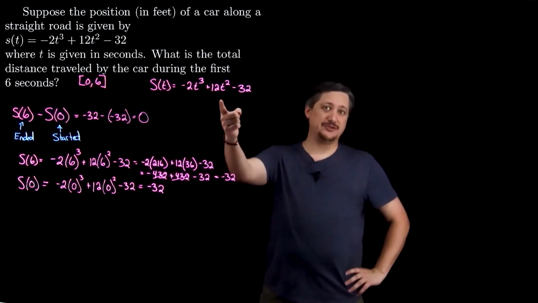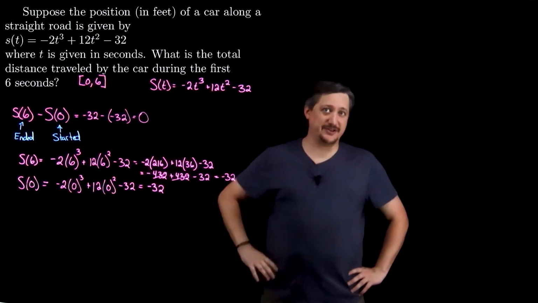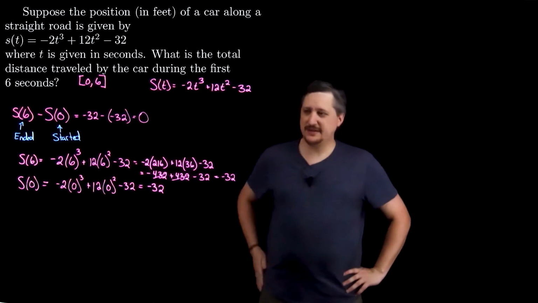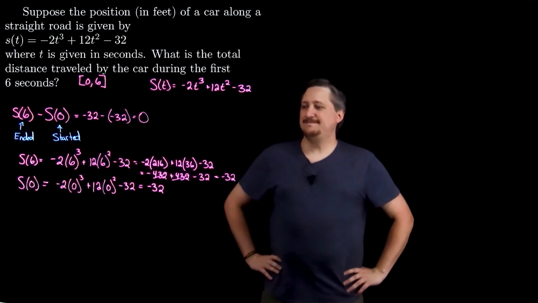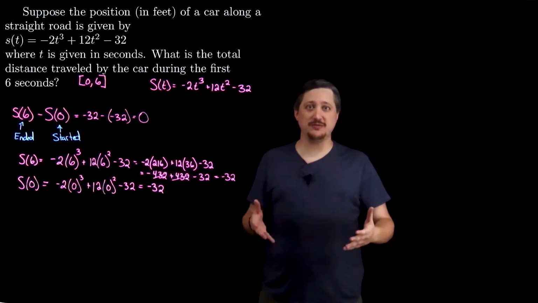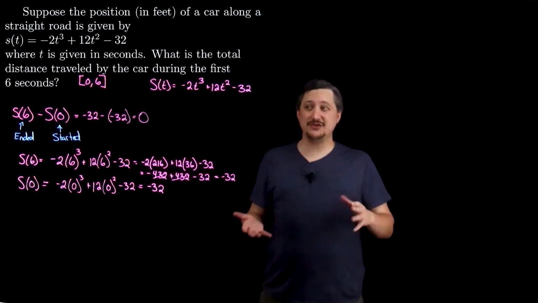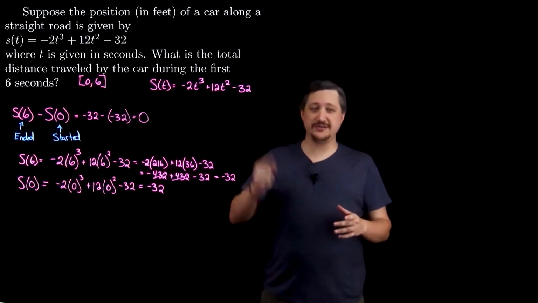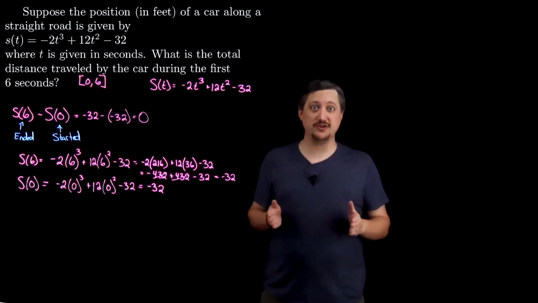And that function does not look like it's 0 at all the different times, right? Or negative 32, as it were. So there's something dodgy going on here, right? And as you may have guessed, based on my description, what's happening is that somewhere along the line, this function is telling me that my car is changing direction, right?